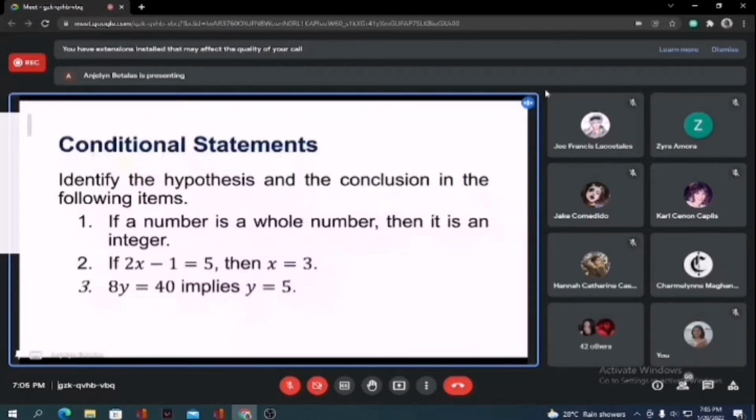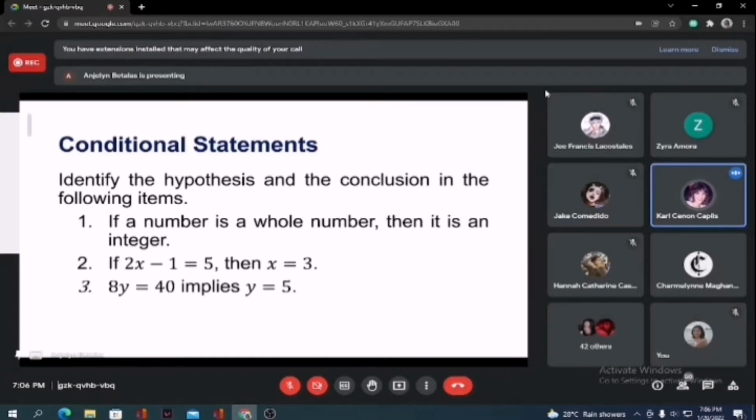Okay, so can you identify the hypothesis and conclusion? The hypothesis is 8y equals 40 and the conclusion is y equals 5.